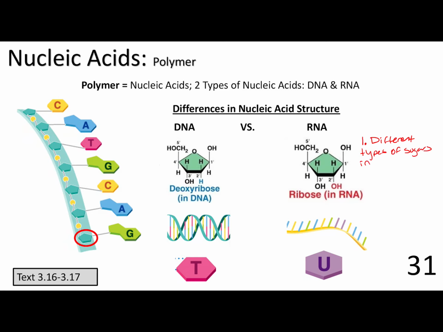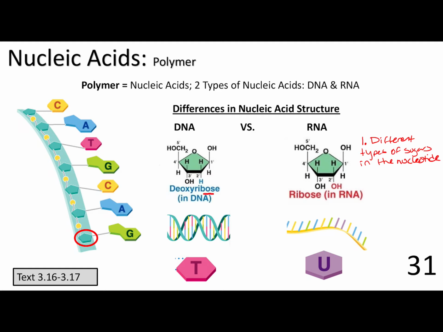That deoxyribose versus ribose, those are different types of sugars in the nucleotide. So we said that nucleotides have a monosaccharide sugar that's in the form of a ring. And that's true of all nucleotides.